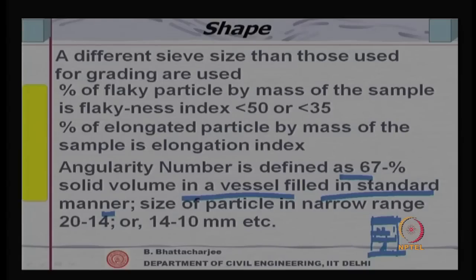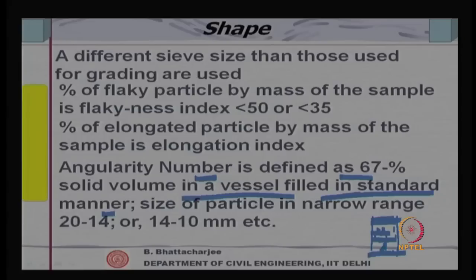67 minus this solid volume is the angularity number, because rounded aggregate packs better. So, the 67 has come from there. It is expected that rounded aggregates will give you a packing quality of 67 when you choose specific sizes.